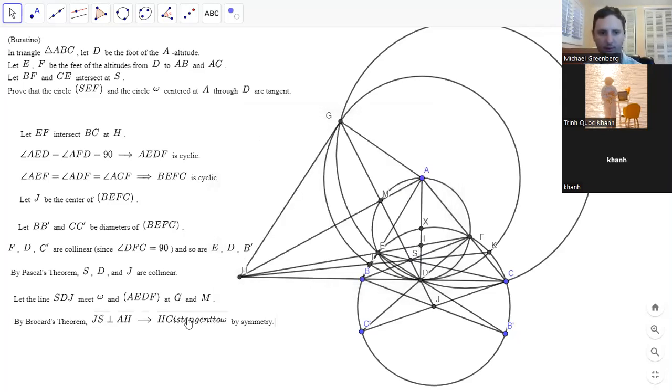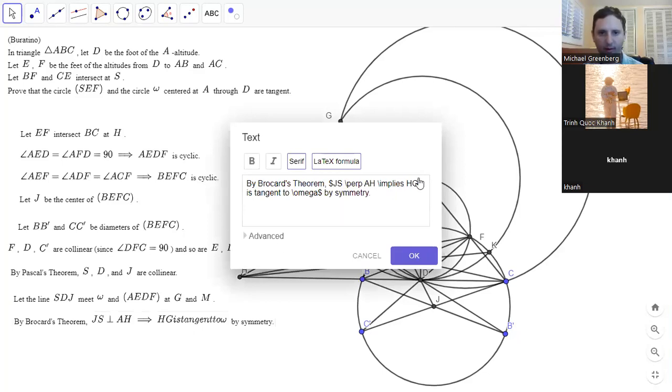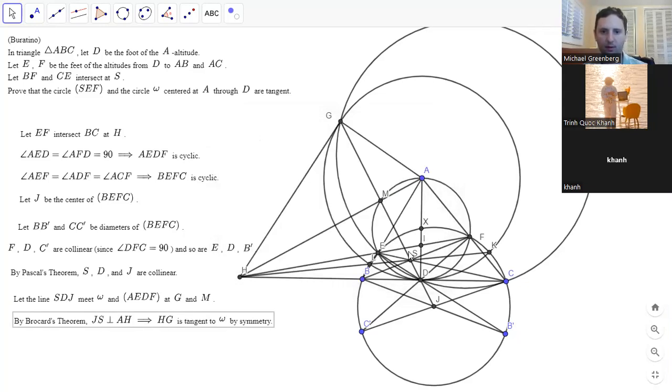What did I just do here? HG, I gotta put another sign. And then once we know that, I don't even know if we need K and L.